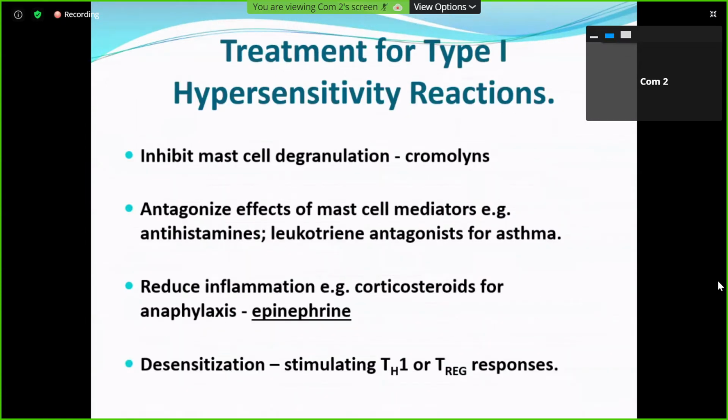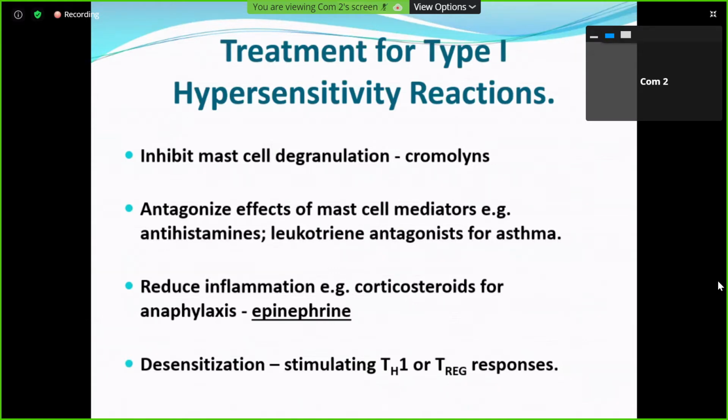So the treatment of type 1 hypersensitivity, again, depends on the severity. You all know that for the common allergic reactions, you can take antihistamines to block the effects of these autocoids.